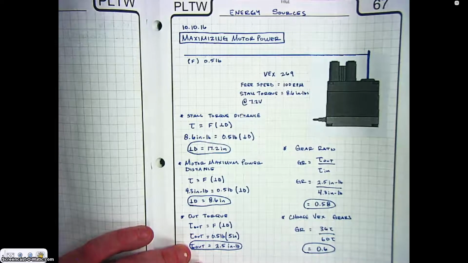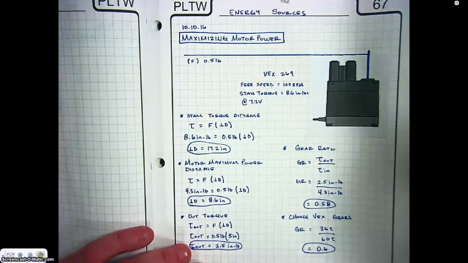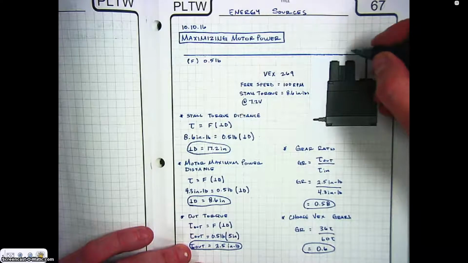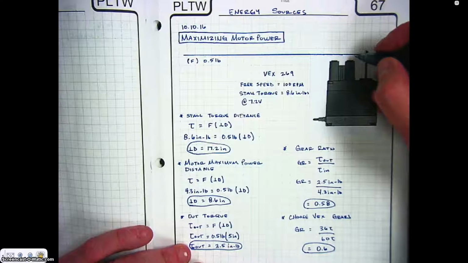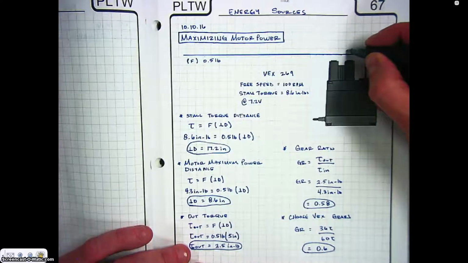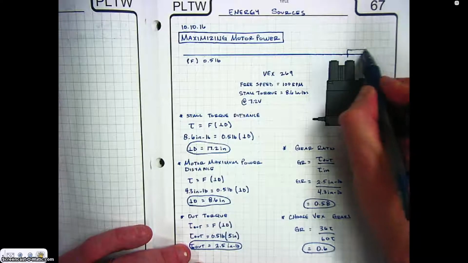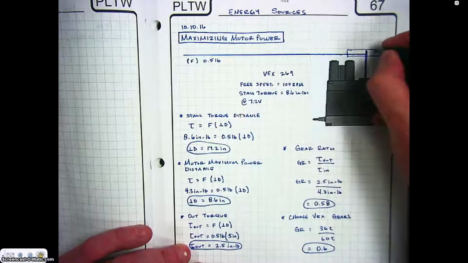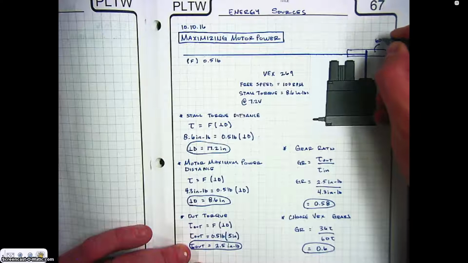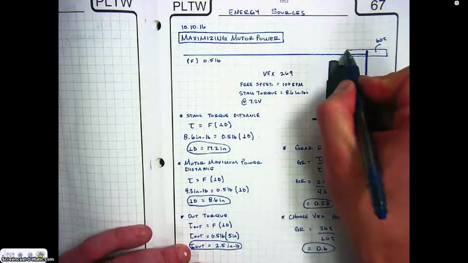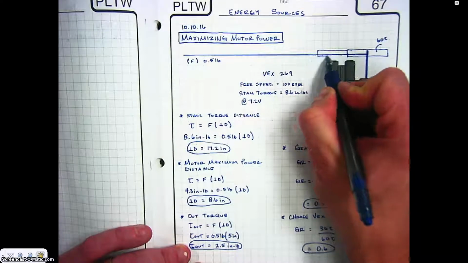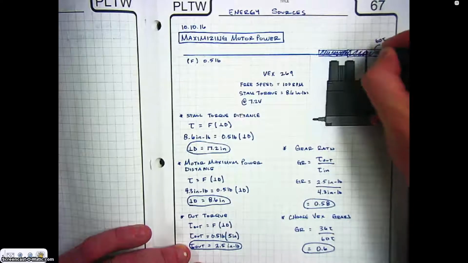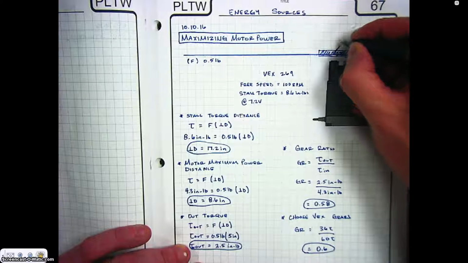All right, and so basically what we have said is that if we can figure out a way to include a 36 tooth gear and a 60 tooth gear on our system, and so if I go ahead and draw that here, here's my 60 tooth, here is a 36 tooth gear.